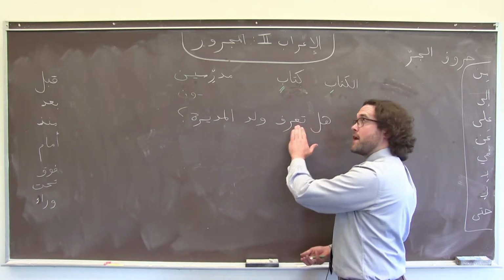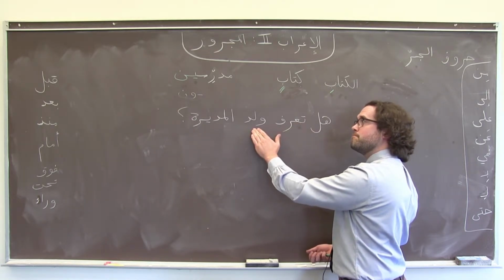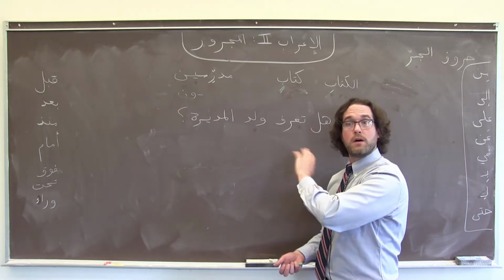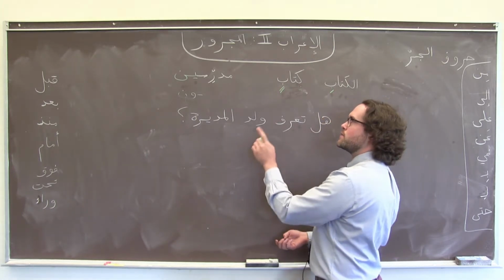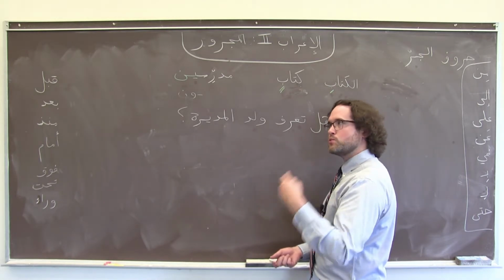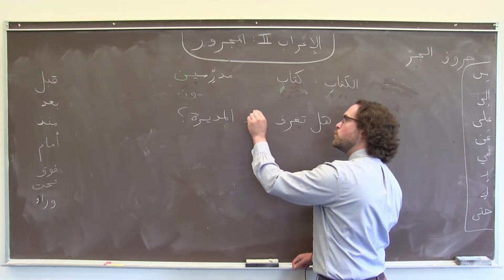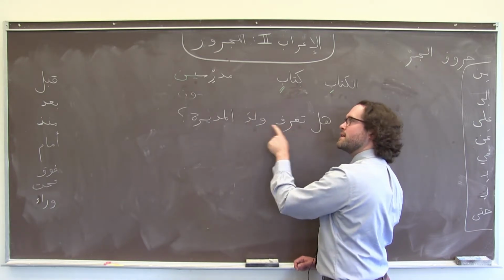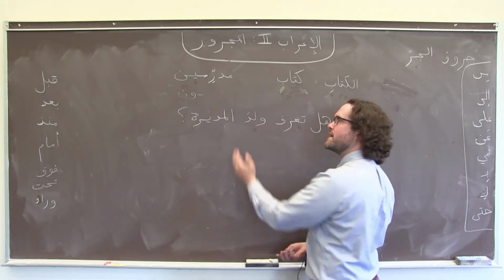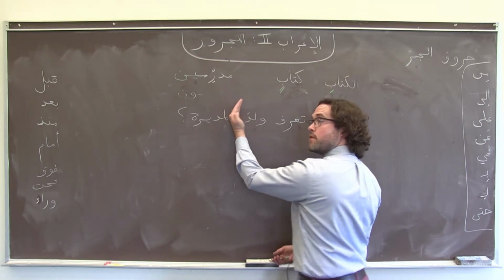since we have a verb, تعرف, ولد is the direct object of that verb. So it's going to be mansoob. You can go watch the mansoob video and learn or relearn all about that. So that's going to take the case ending that it would normally take until this far in the sentence.